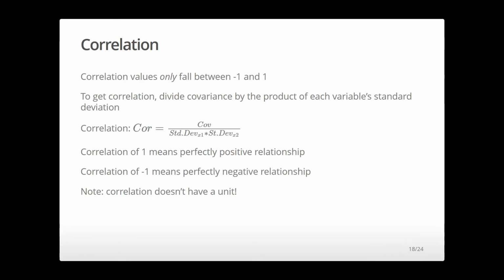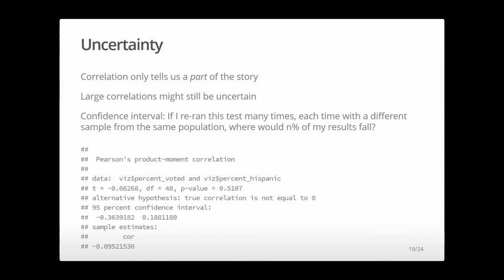A correlation of -1 indicates a perfectly negative relationship, while a correlation of 1 indicates a perfectly positive relationship. Note that correlation doesn't have a unit, so we wouldn't interpret it as 0.5 voter turnout, it's just -1 to 1. But the correlation tells us only a part of this story.